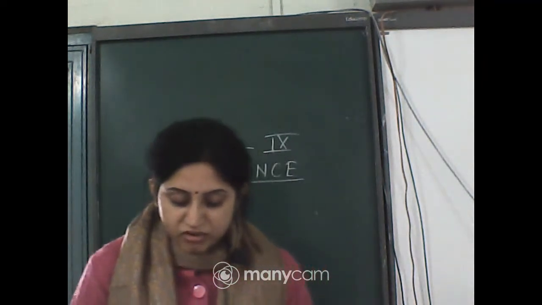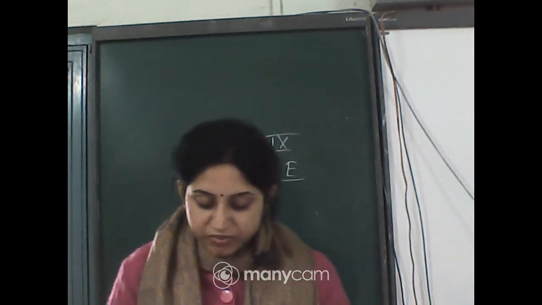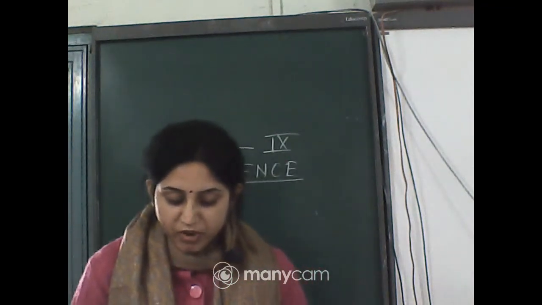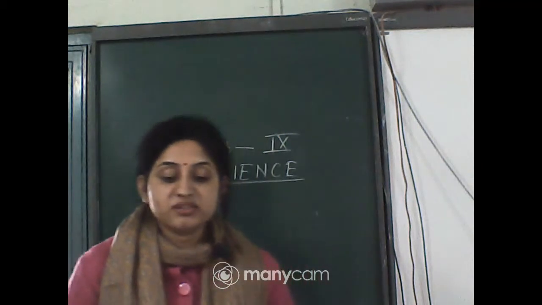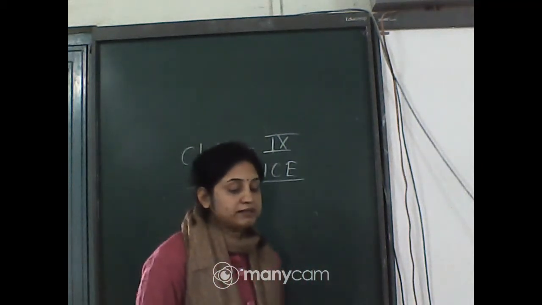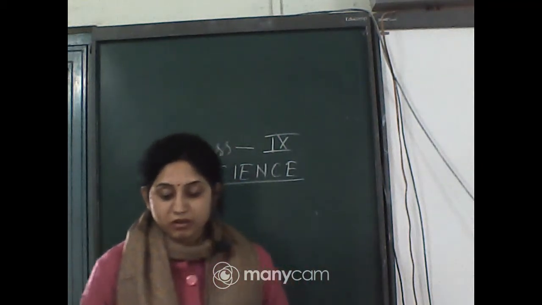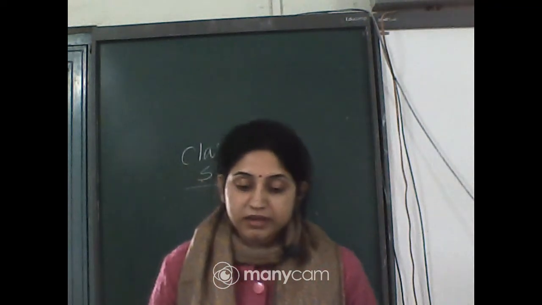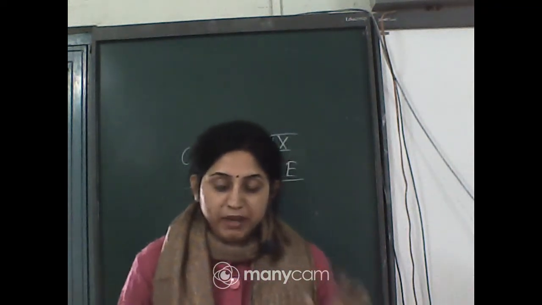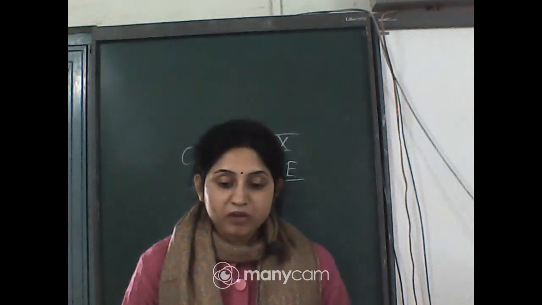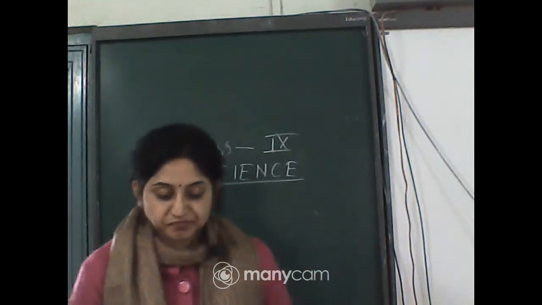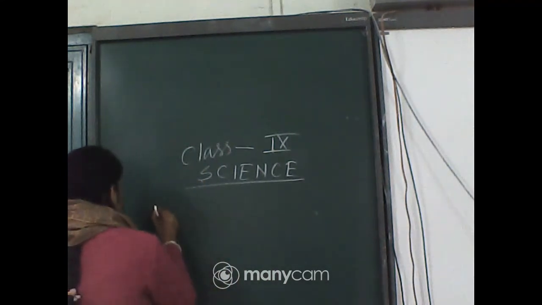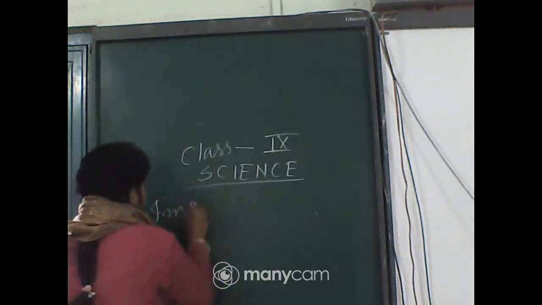Chromosomes contain information for the inheritance of features from parents to the next generation in the form of DNA. So what is the importance of the chromosome? It contains information from parents to the next generation in the form of DNA.